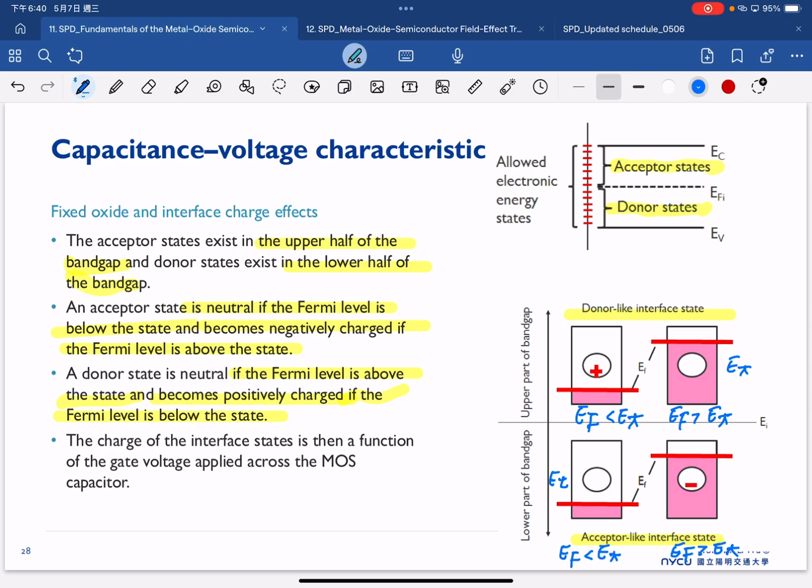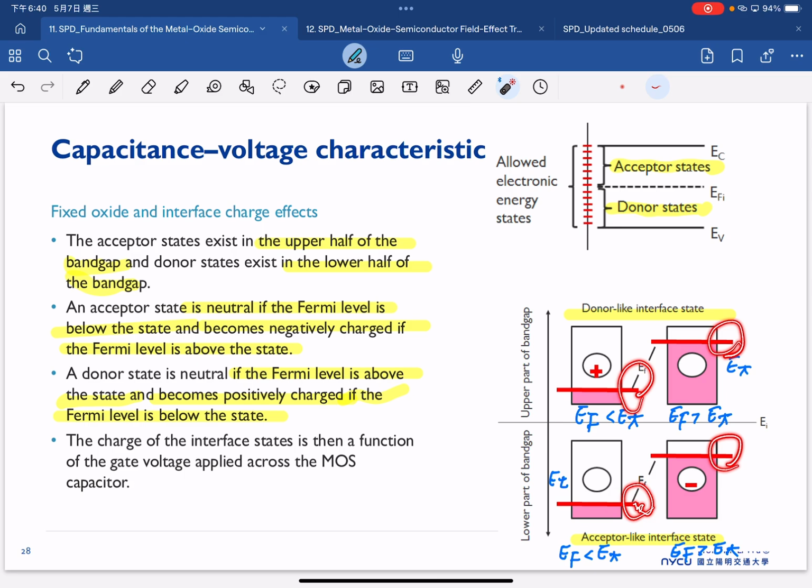So now we can realize that in the previous lecture, we already mentioned that when we talk about the bias, if you look at the CV curve and we analyze the Venn diagram, we already show that the EF is correlated with our gate bias.